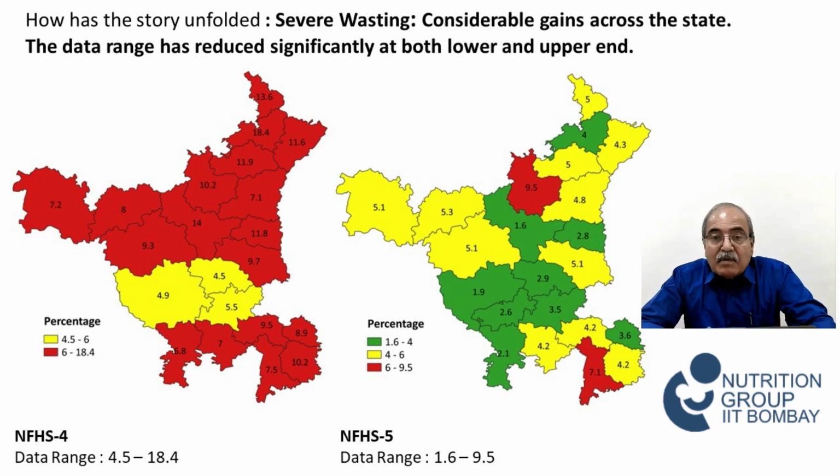You now see it coming down to something like 1.6, which is quite credible. The upper bound moves from 18.4% children being severely wasted, which is rather large, to 9.5%, a 50% reduction. So this is something where one sees that Haryana has put up a good performance in all aspects of malnutrition: stunting, wasting, underweight, and severe wasting.